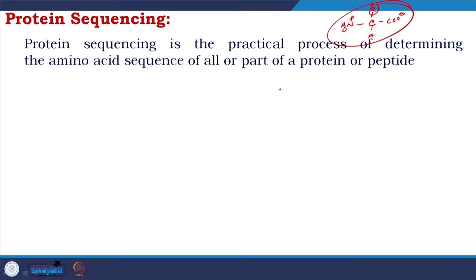When one amino acid wants to join with another amino acid, I just take the charge out, so COOH and NH2.